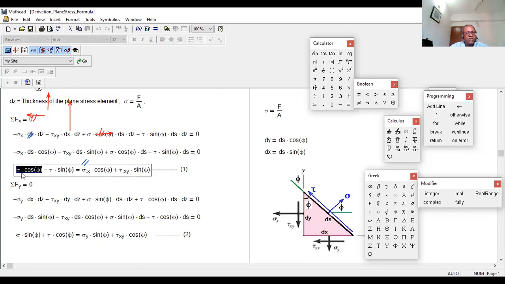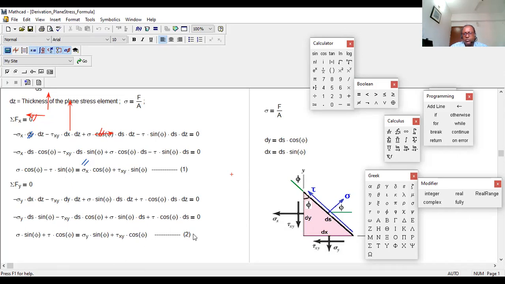Sigma cos phi, tau sine phi; sigma sine phi plus tau cos phi. If you add directly, there is no benefit. You cannot solve it. But equation 1, you multiply by cos phi, then what do you get over here? Tau sine phi cos phi.